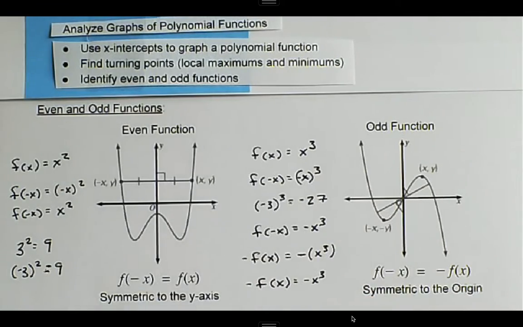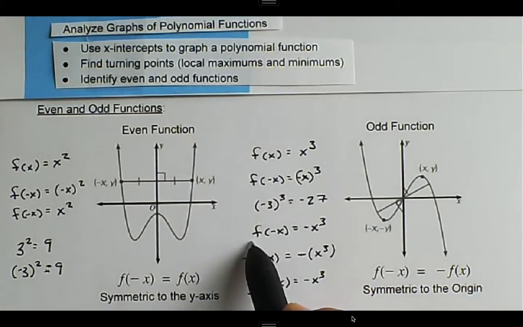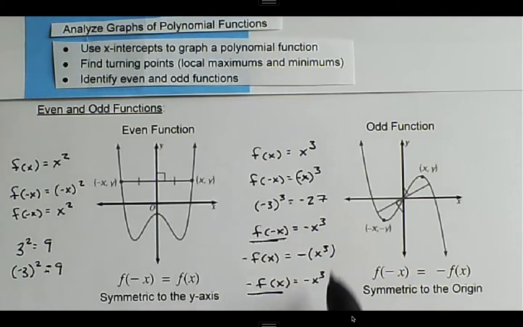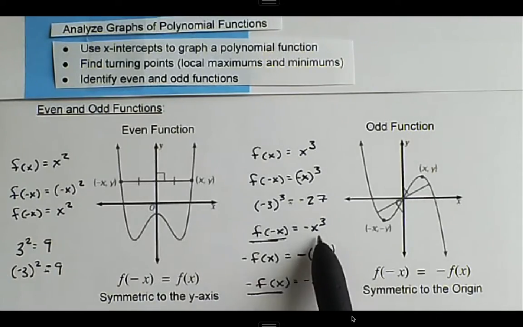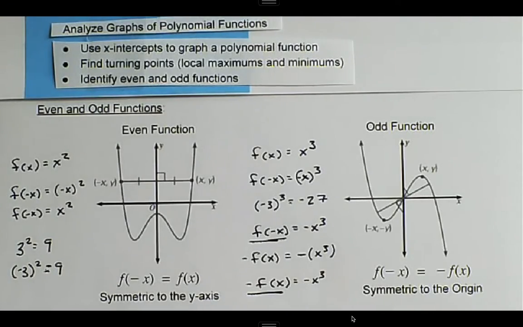And so now we have to check the negative of the entire function f of x, and f of negative x substituted in, are those two the same? In this case, they are both equal to negative x cubed, so that would make it an odd function.